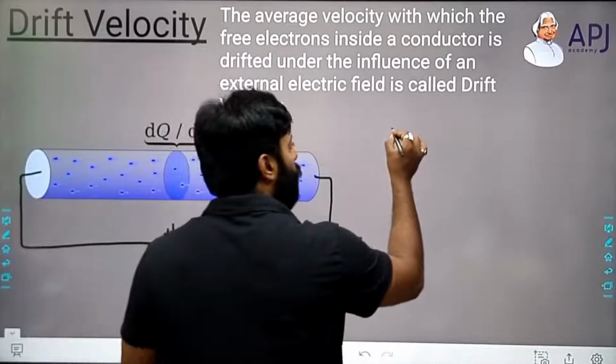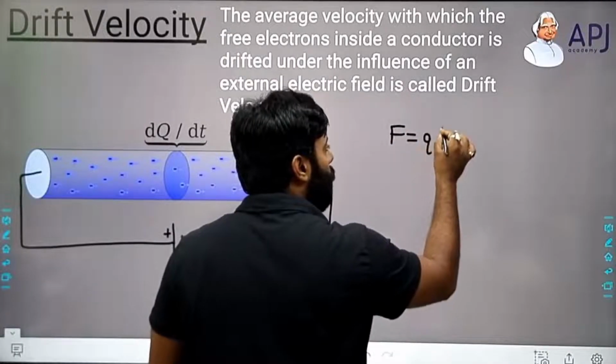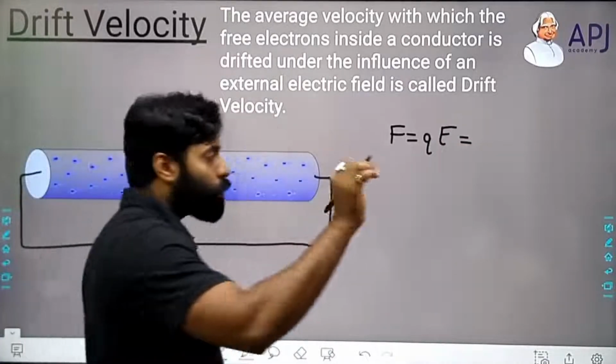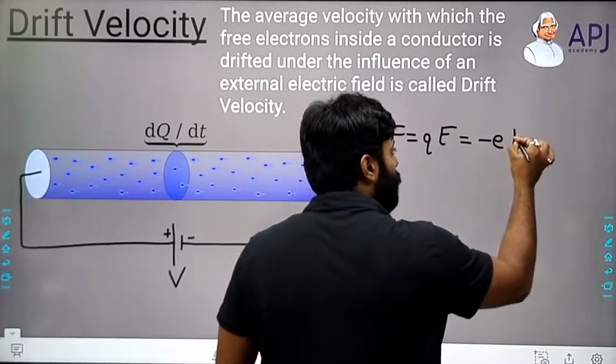Why? Because we know that force is equals to QE, and the electrons possess charge equal to minus e, so that will be minus eE.